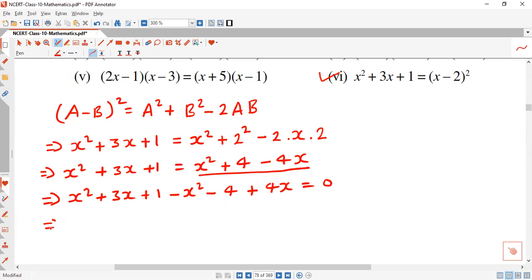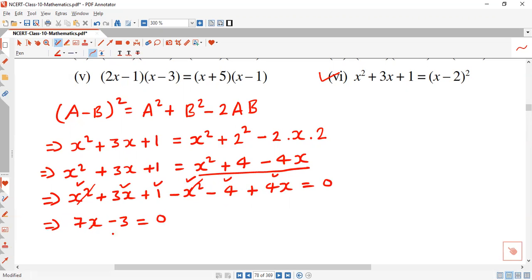Now, simplify this one. x square terms are there, these two terms cancel out. Okay. Now 3x and 4x, 3x is here, 4x is here, 7x. Plus 1 minus 4, it comes out minus 3 equal to 0.